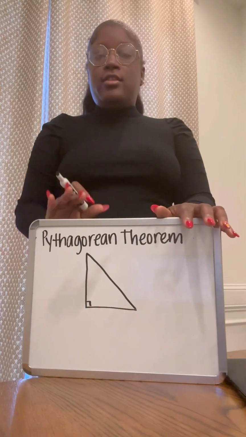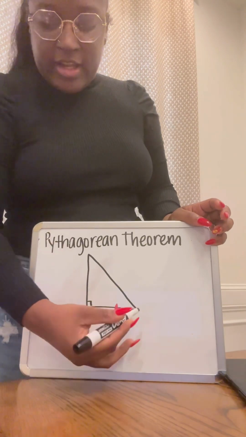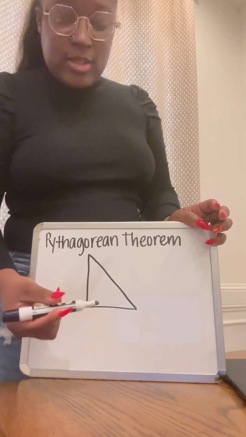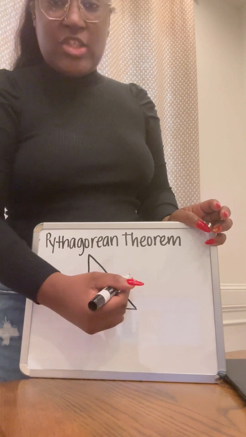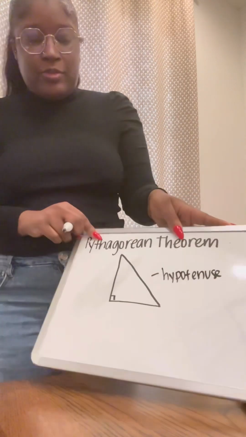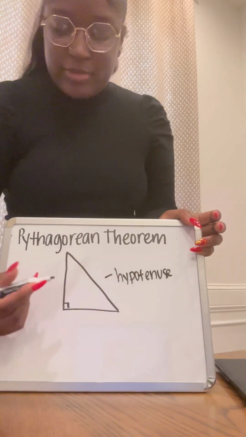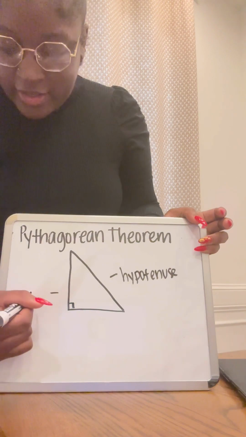The Pythagorean theorem is used to find the missing length of one of the legs, or this side, which is called the hypotenuse. Okay, so let me write that down. Okay, so this long side is called the hypotenuse, and these are the legs.